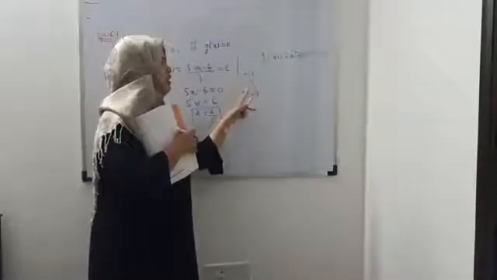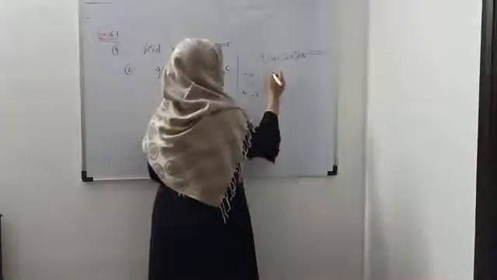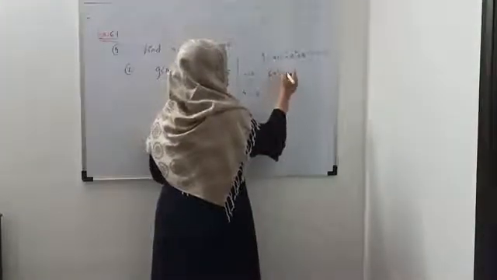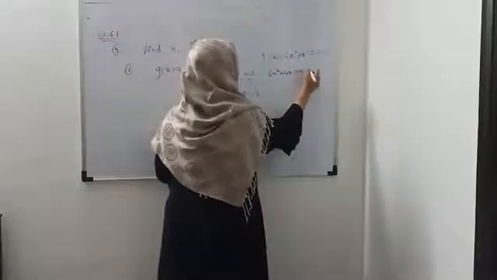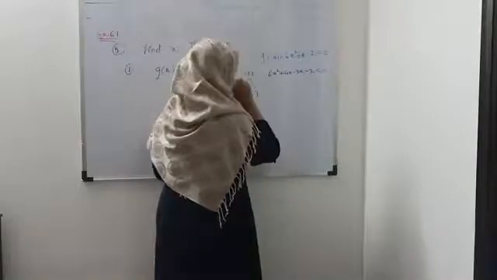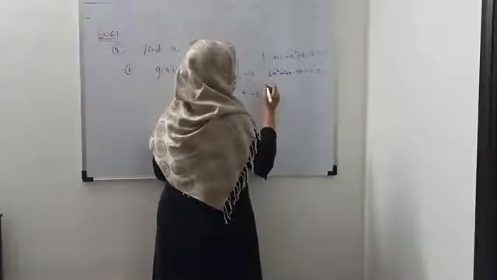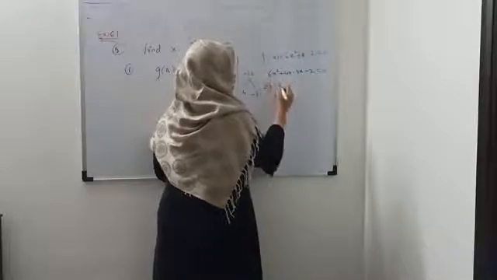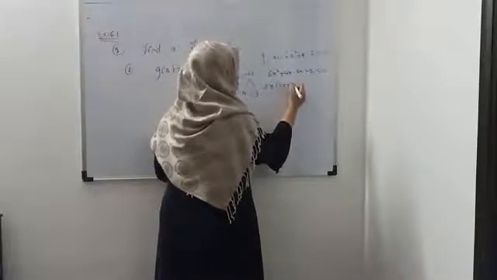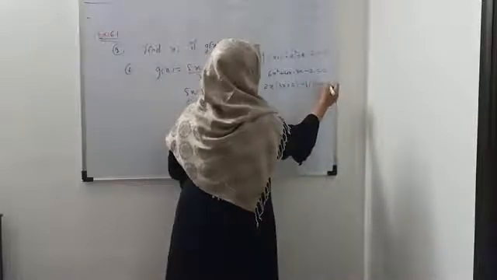Okay, so the 4 into minus 3 is minus 12 and 4 minus 3 is plus 1. So the factors will be 6x square plus 4x minus 3x minus 12 minus 2 is equals to 0. So take 2x common here, it will be 3x plus 2, and here take minus 1 common, 3x plus 2 is equals to 0.